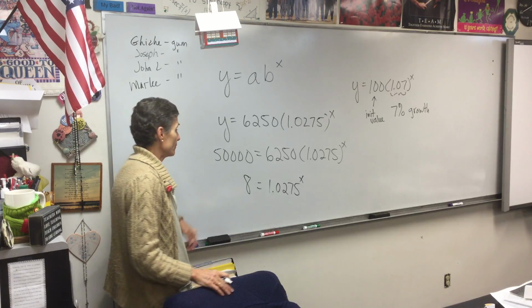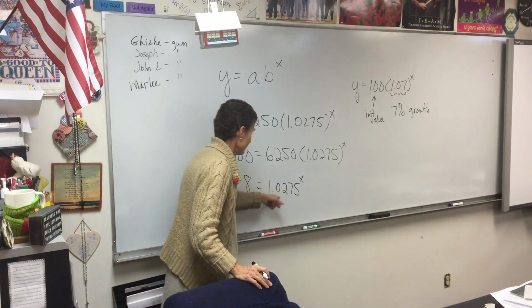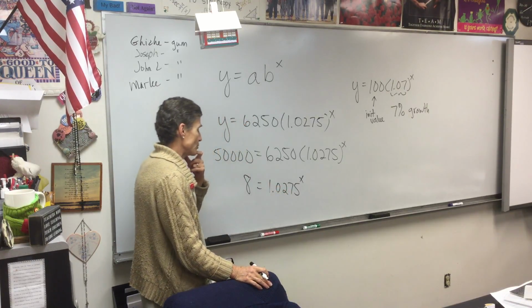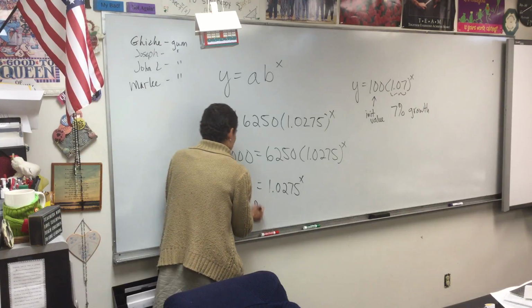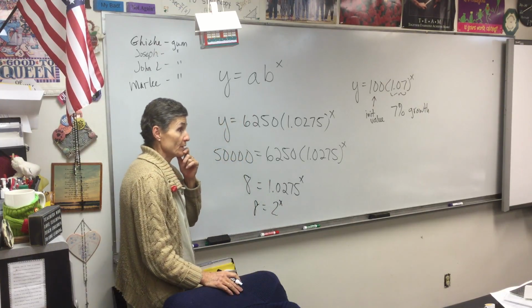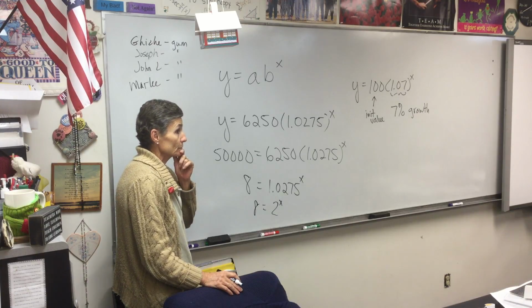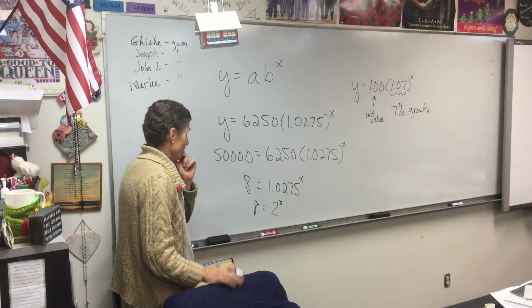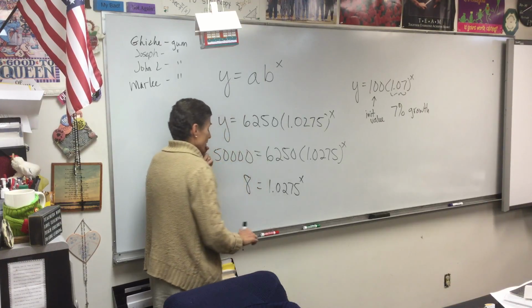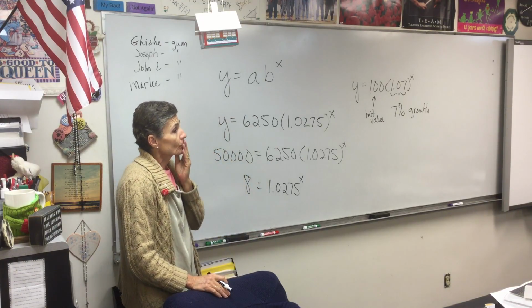Now, if this number had been something different than 1.0275, then life would be really good, right? But it's not. It's this awful decimal. How in the world am I going to figure that out?